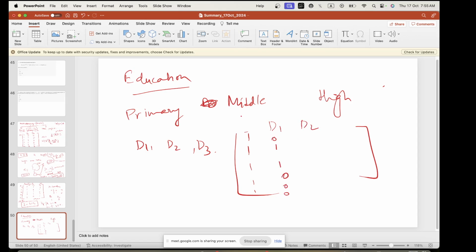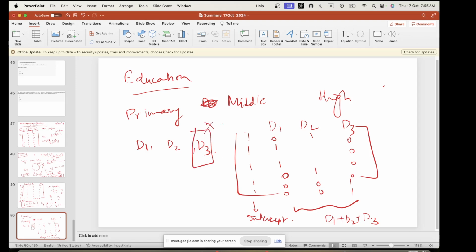Again, D2, somebody who has attended middle school only will get 1, so it will be 0 0 1 1 0. And then D3 is let's say 0 0 0 0 1. Again the same thing, D1 plus D2 plus D3 will be equal to the intercept. So we don't need it. What we are doing, we are dropping any of these. Let's say we are dropping D3.